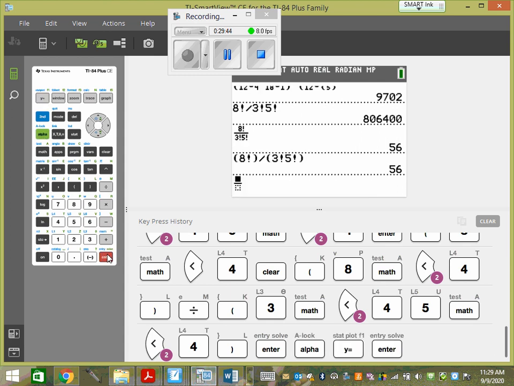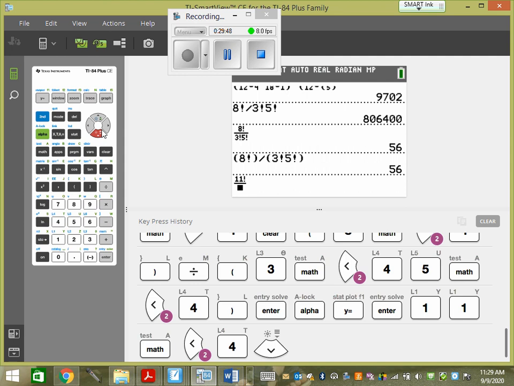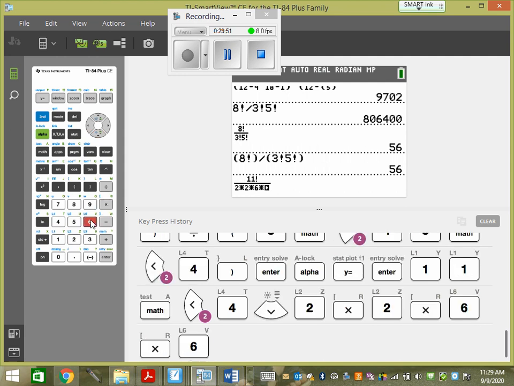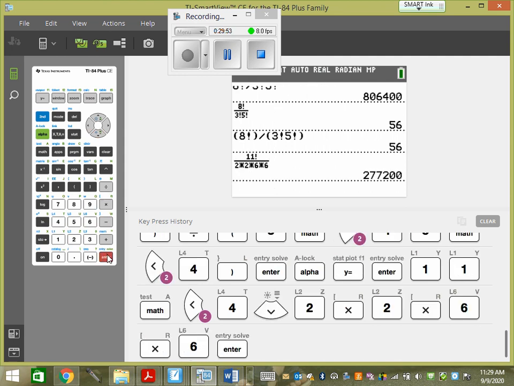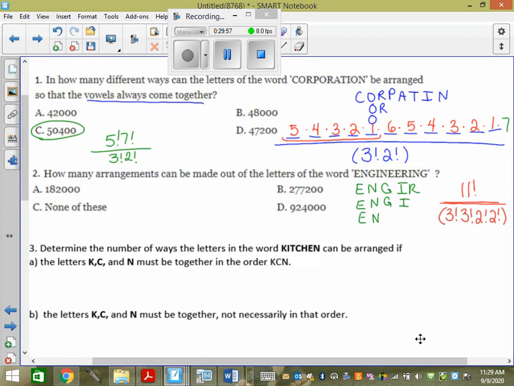Is it B? You guys are killing me here. 4 over 2 times 2 times 6 times 6. I'm being lazy. Oh, you're right. That looks like B to me. Yeah, it's B! 4, of course, so we reduce that. Woohoo! Great times. Okay.